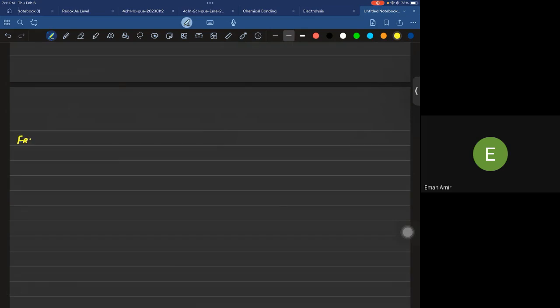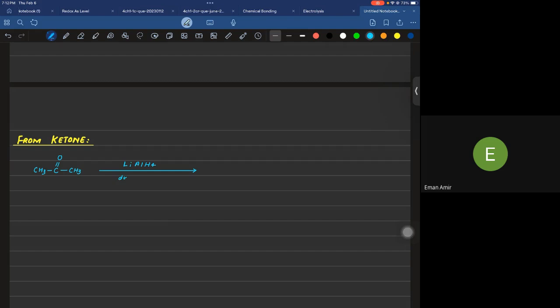From ketone, for example CH3, C double bond O, and then CH3. This is propanone, the simplest ketone, which contains 3 carbon atoms. If you are going to reduce it, remember you are supposed to use a strong reducing agent.